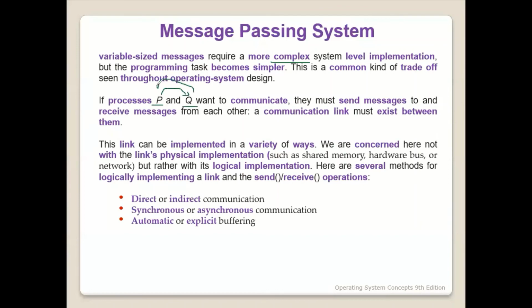Let's see an example. There should be a communication link between these two processes. Link means a path. There should be a path that exists between the processes P and Q. If you have a link, a path, P can send the data or Q can send the data.